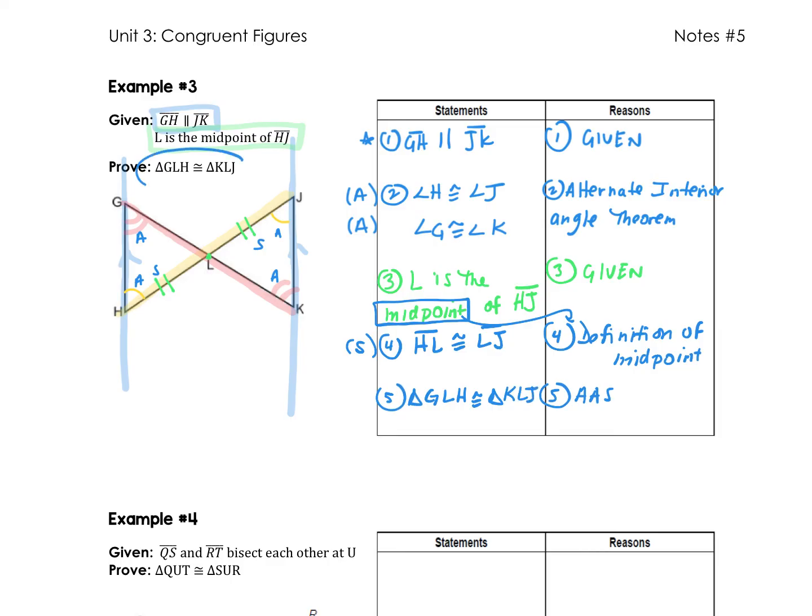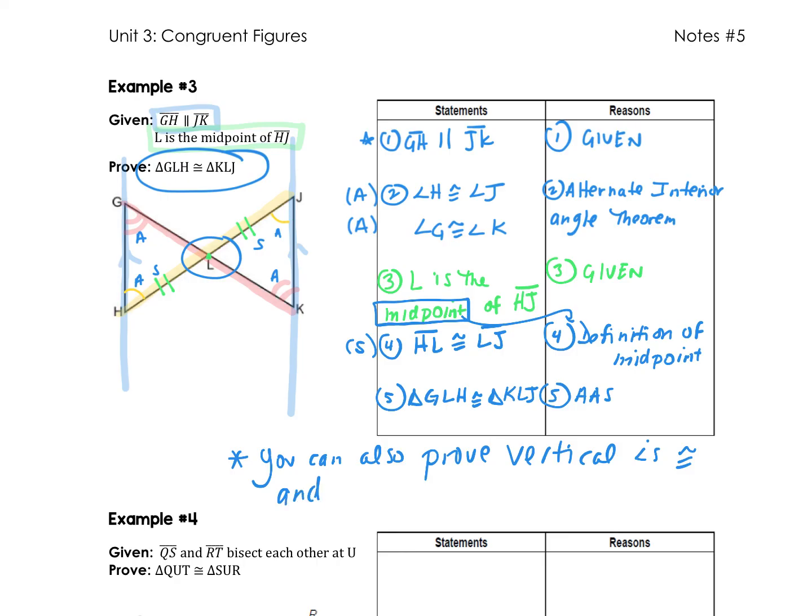And notice that I'm copying it from that proof statement too. And they're congruent by angle, angle, side. I also want you to note that you can also do this one by proving vertical angles congruent. So we can also prove vertical angles are congruent. And then your reason would be angle, side, angle. Okay, so there's very often more than one way to do a proof.